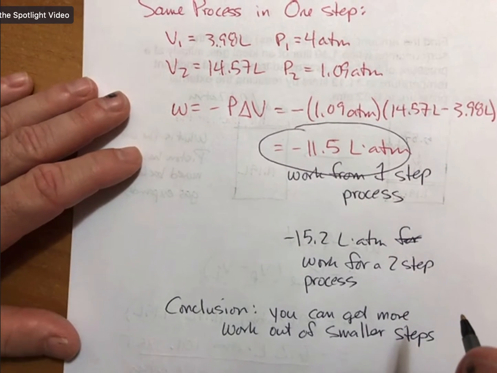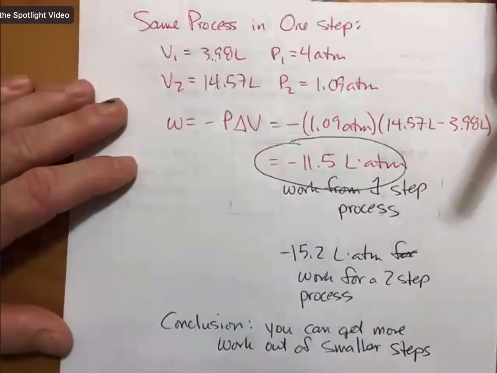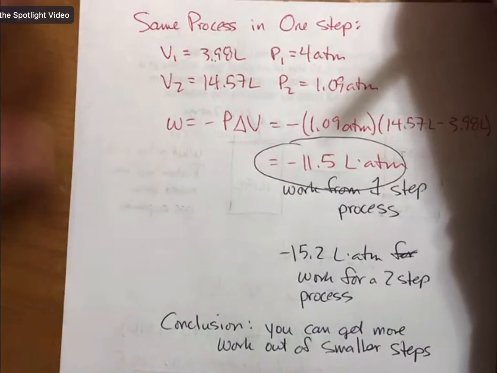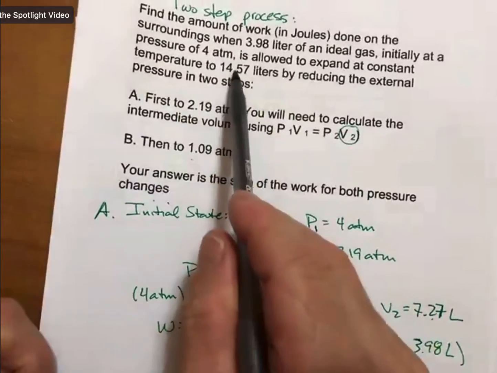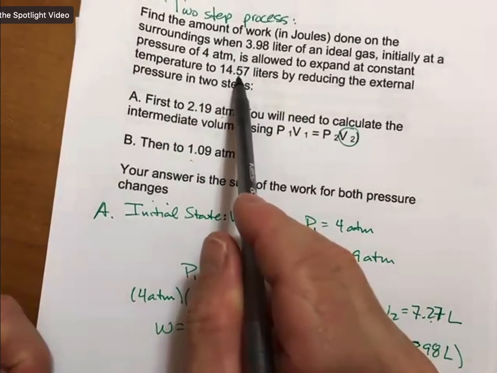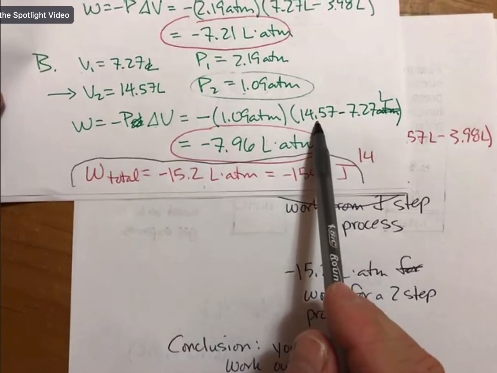I see a question. The question is, where did I get the 14.57 liters? So the 14.57 liters was our final volume. And it was V2 at the end of our second step up here.